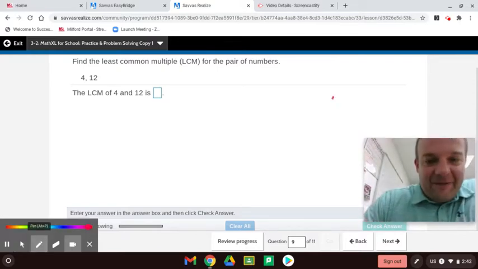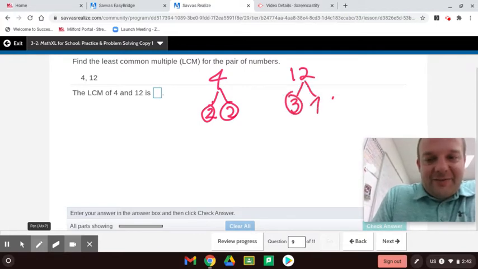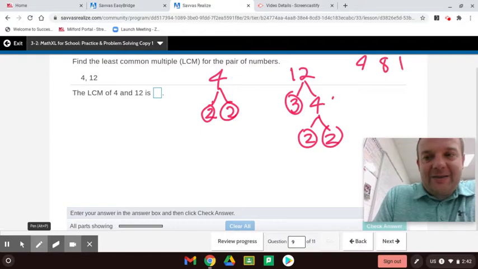All right. 4 factors out into 2 and 2. And then, honestly, for this one, I might just use the list method, but I'll show you this method anyway. The list method goes 4, 8, 12, 12, 24, 36.